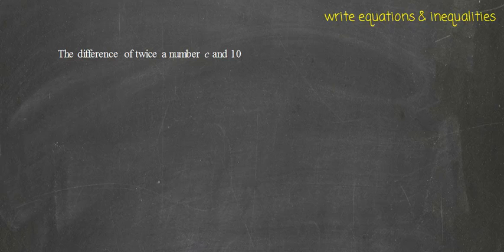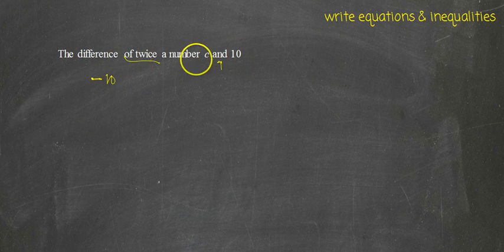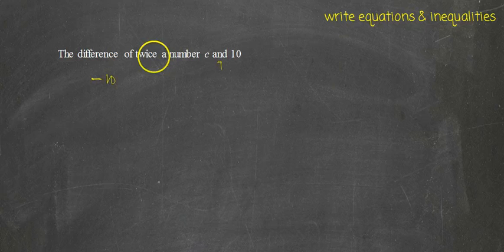So the difference of twice a number C and 10. Well, we know to look at the difference, right? That's just subtraction. So that's our operation word, the difference of, and we need a this and that. Well, here's our and, right? So this and that, well, that is clearly 10, but this is bigger than 10. It's twice a number C. So how would we say twice a number C?